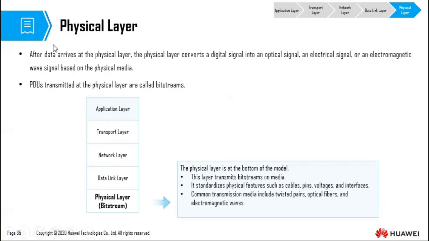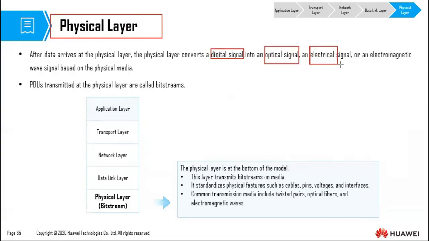So when you get time, please go through it so that you understand it better. Physical layer, the last layer now. After data arrives at the physical layer, it converts the digital signal, that is the zeros and ones, into light or electricity or electromagnetic waves, depending on the media being used.